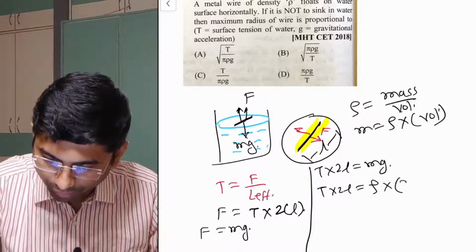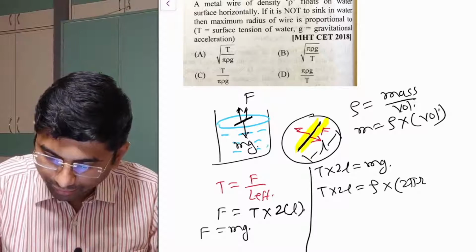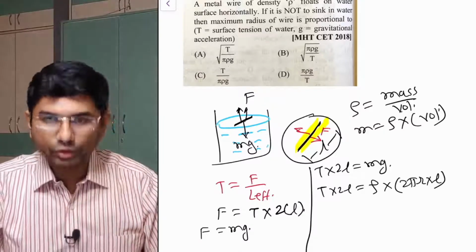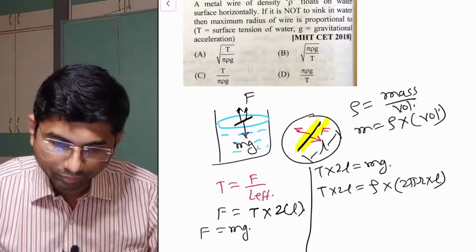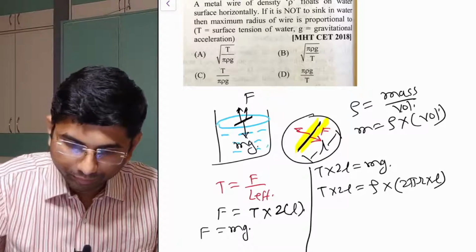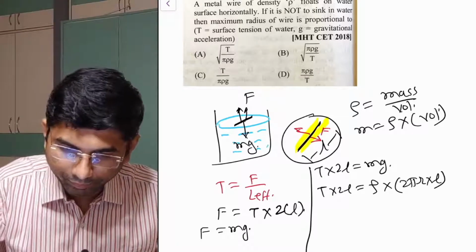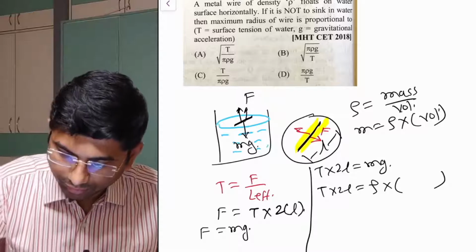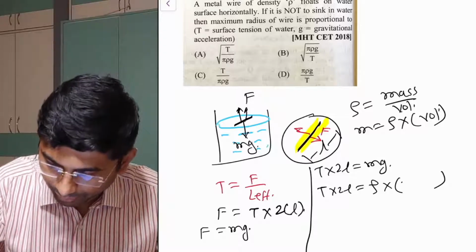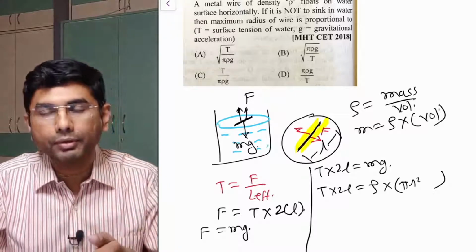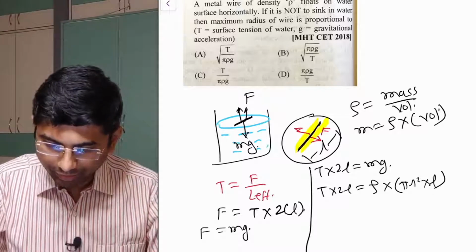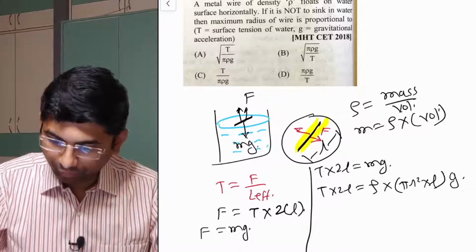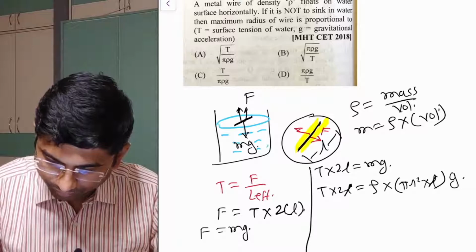Volume of the wire will be, oh sorry, it will be pi r square into L. We have to consider the area into length: pi r square, the cross sectional area of the wire, into length, that will be its volume, into G. The L's are going to get cancelled.